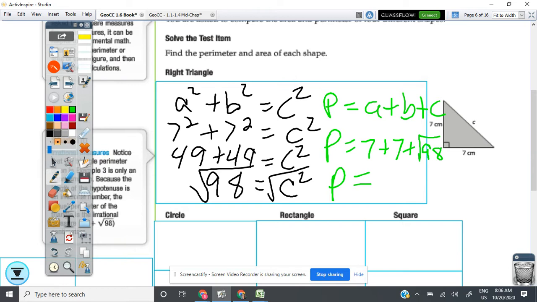And then we're going to round this. Whenever we round, we use a wavy equal sign. It's 0.899, so I'm just going to say 0.9.